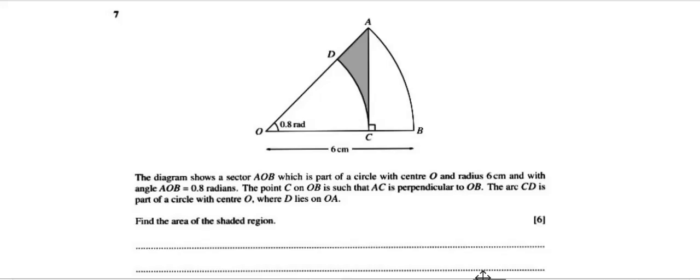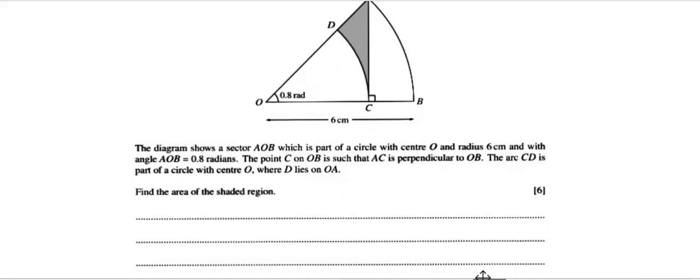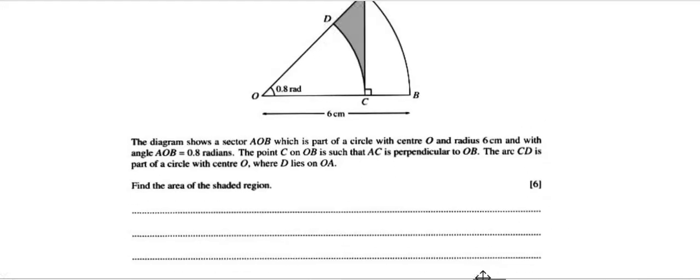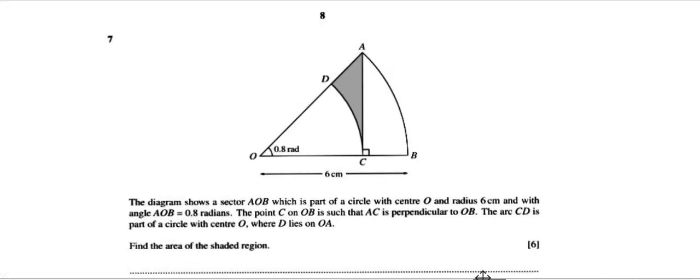The arc CD is part of a circle with center O, where D lies on the line OA. We are supposed to find the area of the shaded region, this small area here.